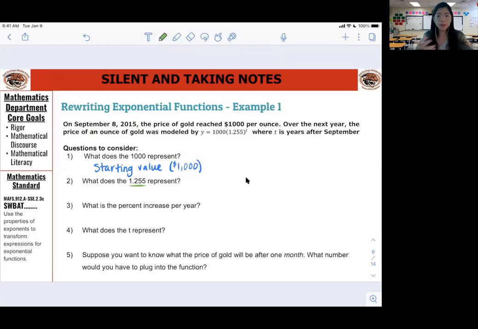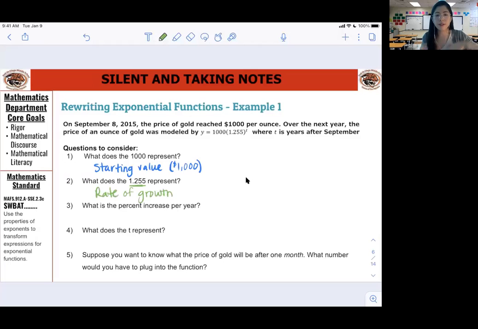It's the amount that we multiply by each time. What is that called? The growth rate. Thank you. Rate of growth. That's all it is. You already know that.